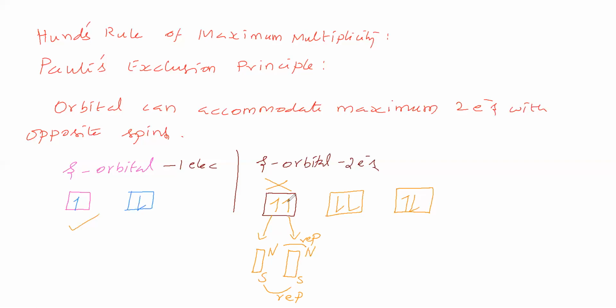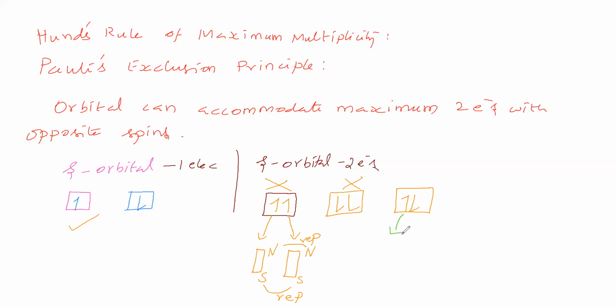So an orbital containing 2 electrons with both clockwise spinning is not possible, and anti-clockwise also not possible. Both the same spinning is not possible. Next, here one is clockwise, another one is anti-clockwise.